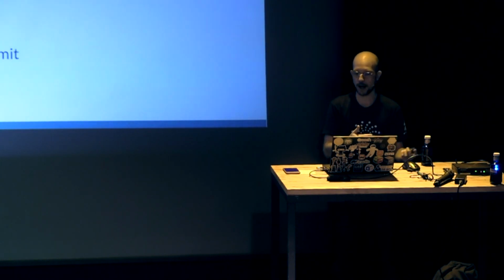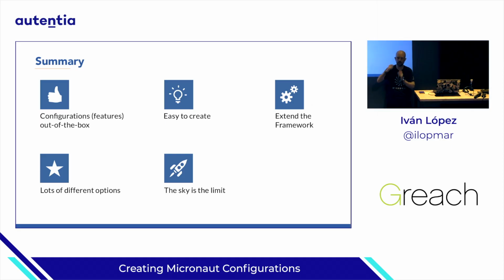You saw a lot of different options. So you have plenty of options to decide what you want to do, and basically, the sky's the limit. In the Rabbit example, I showed you that we created this @RabbitListener and @RabbitClient to send messages through RabbitMQ, implementing the interface.